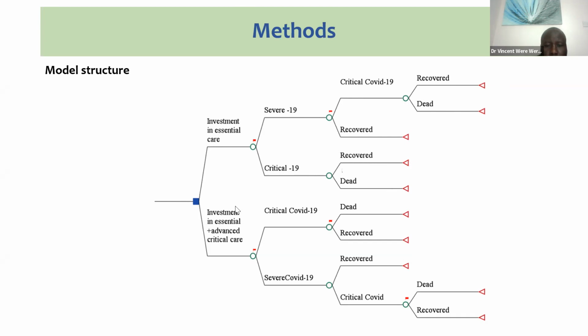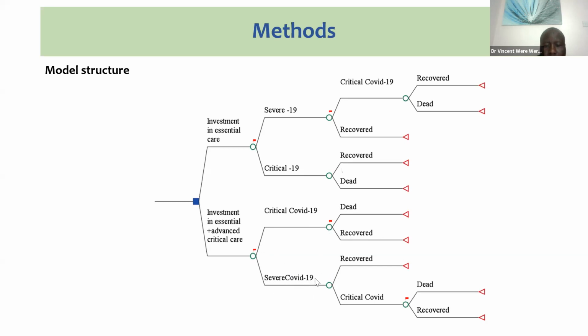Also, patients who require critical care often go directly to the ICU. And in the ICU, the outcome can either be they die or they recover. If they come in, they can receive essential care.